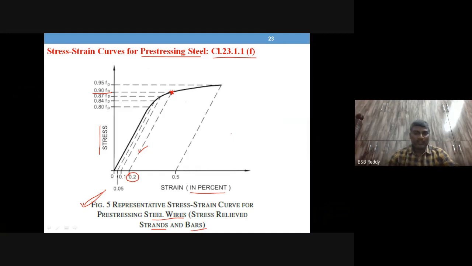Anyhow, it says that you obtain the stress strain curve for pre-stressing steel from the manufacturer, and every piece of information from the manufacturer: ultimate strength, relaxation value, and everything, right? That you have to go again for taking the sampling criteria and all that. Okay, so that is already there, a clause on that.